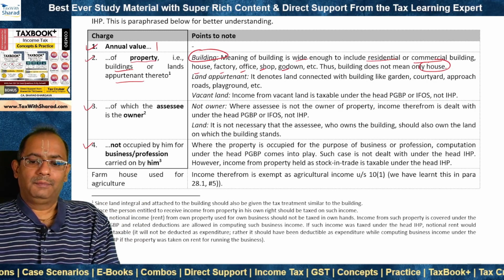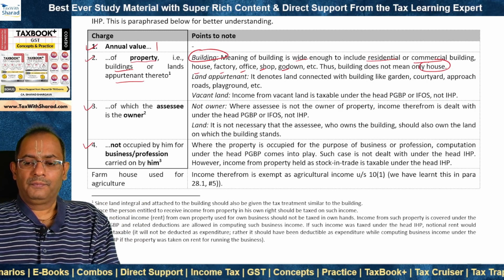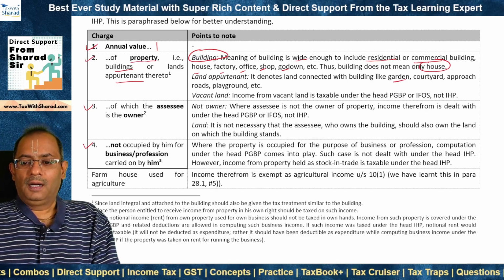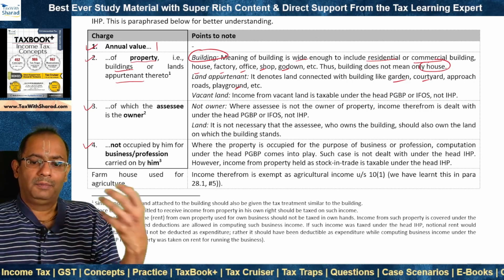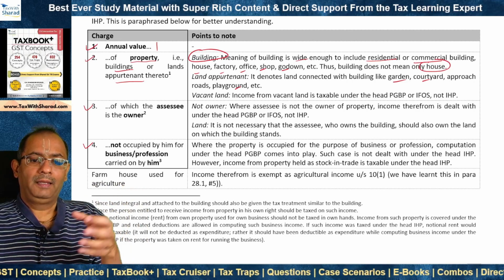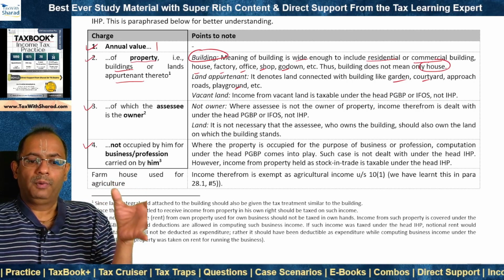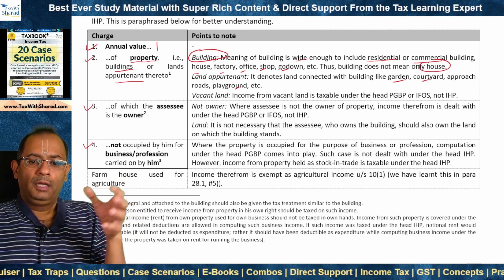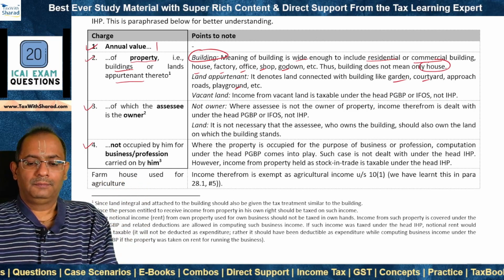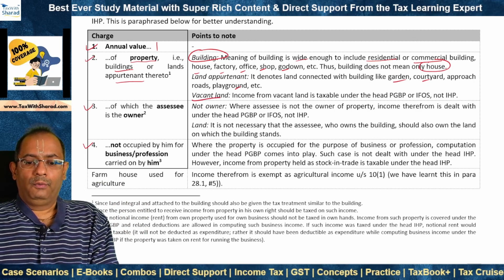As far as lands appurtenant to the building is concerned, the examples may be of a garden or a courtyard, approach roads, playground, etc. So if the land is appurtenant or it is connected with the building, the annual value of the property as such, that means building plus land appurtenant thereto, is charged under the head IHP. What about vacant land?